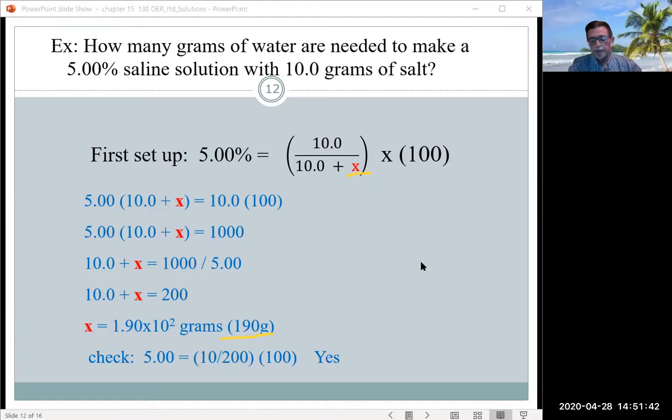Obviously, if you come up with a different number, then check your math, because somewhere you just made a mistake, okay? But if it ends up 5 equals 5, then that's the answer. It's just a check.